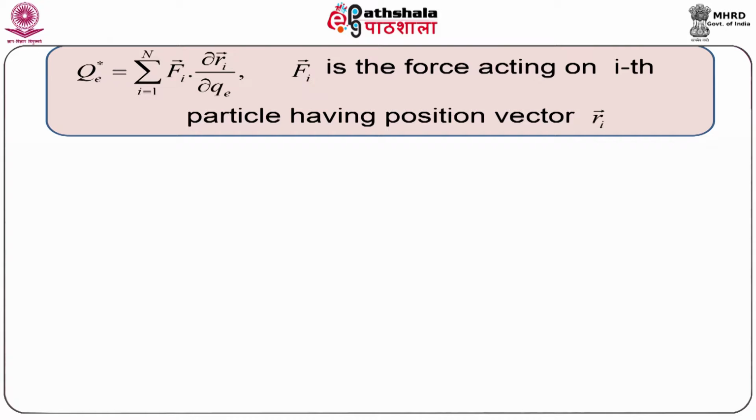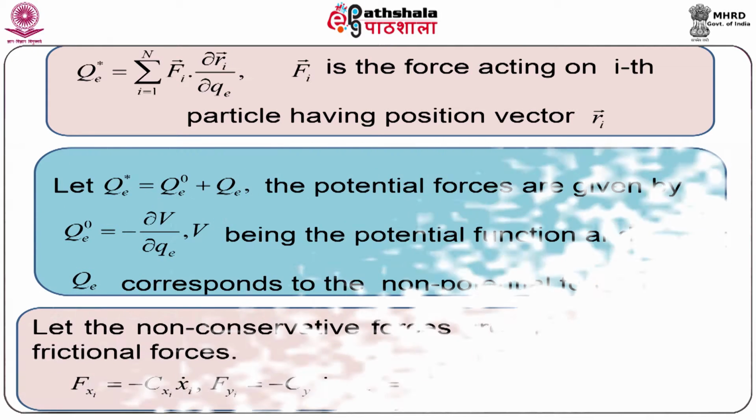The generalized force Qe star can be written as summation over i of Fi vector dot ∂/∂qe operated on Ri vector, where Fi vector is the applied force acting on the ith particle having mass mi and its position vector is Ri vector.